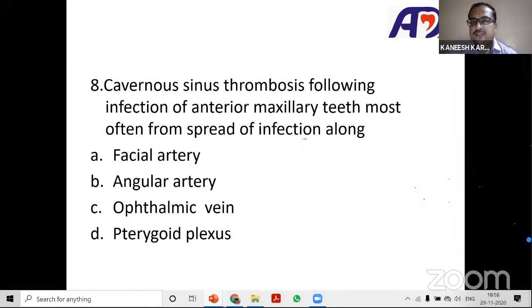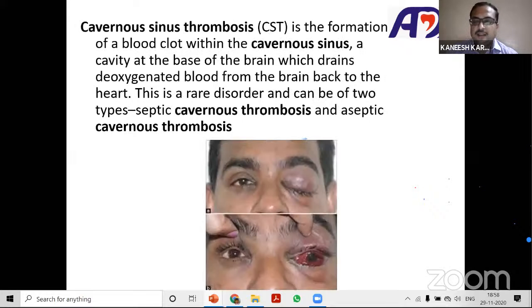Cavernous sinus thrombosis following infection of anterior maxillary teeth most often spreads along which vessel? I can see multiple responses as D. One person has said C. C is the correct answer.